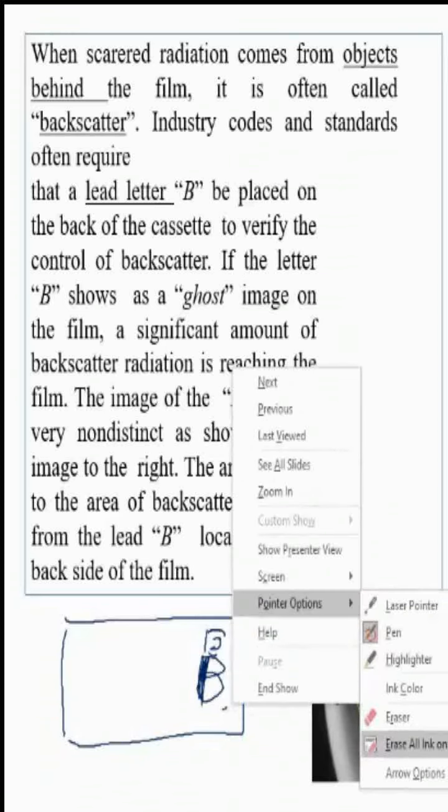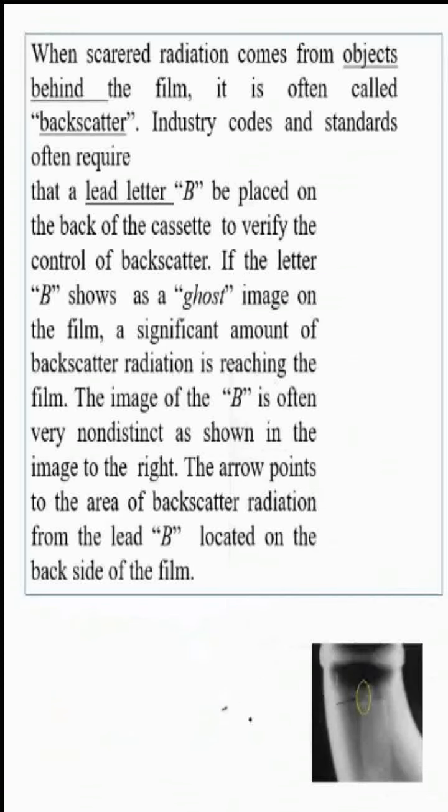But wherever you go, if you see that there is no visibility of B, then it is our own experience and judgment that we can say you have not used the backscatter B itself. Because if something is present, it will be visible very faint, because a little bit of backscatter is always present. We cannot eliminate backscatter.